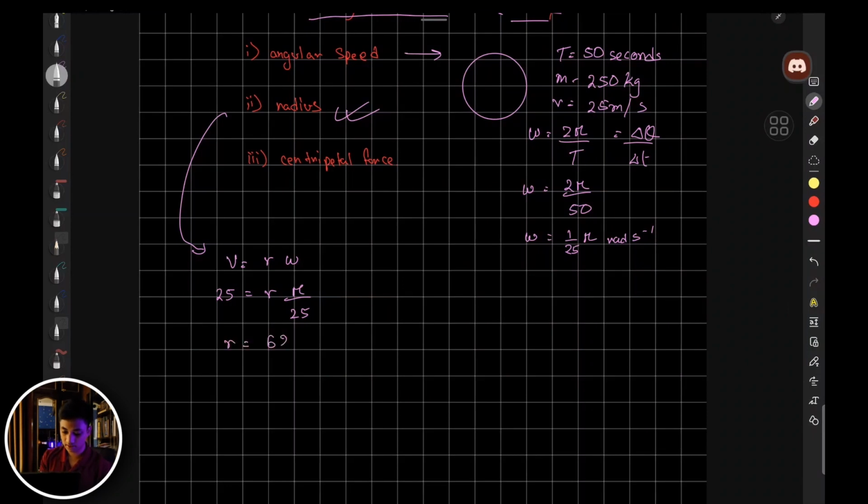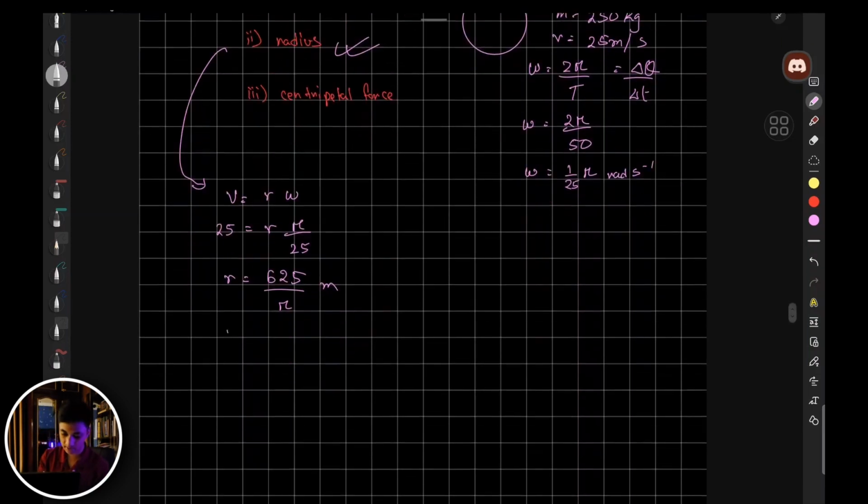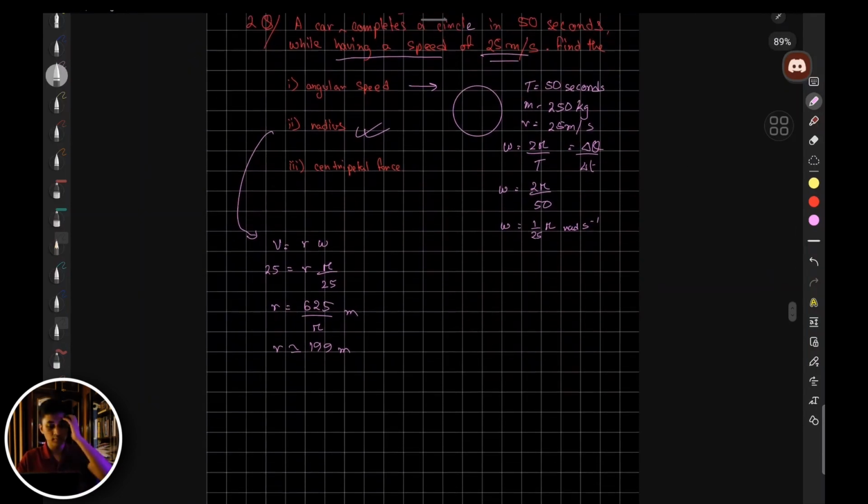R is going to be 625 by pi meters, which is 198 approximately, 199 meters. Okay, so this is the radius.